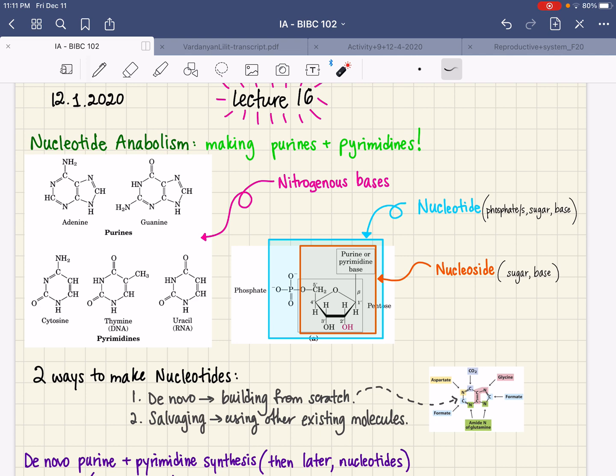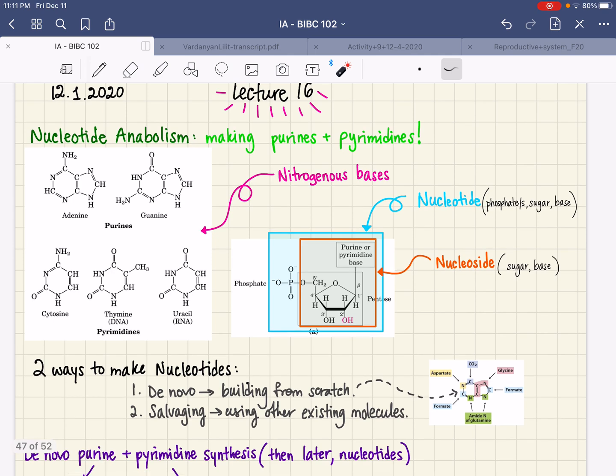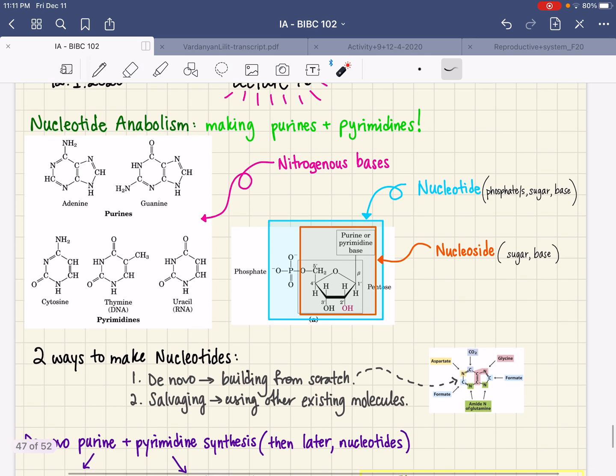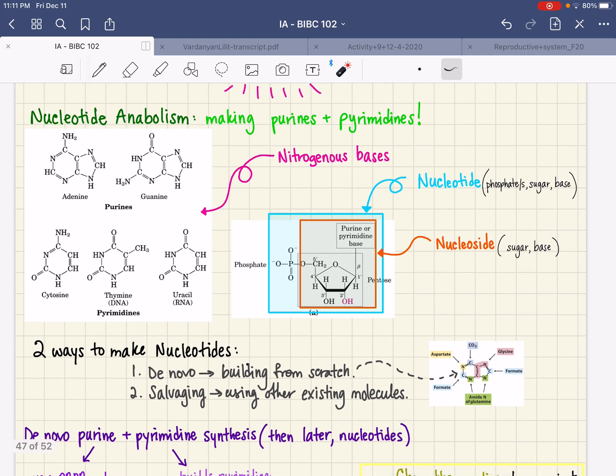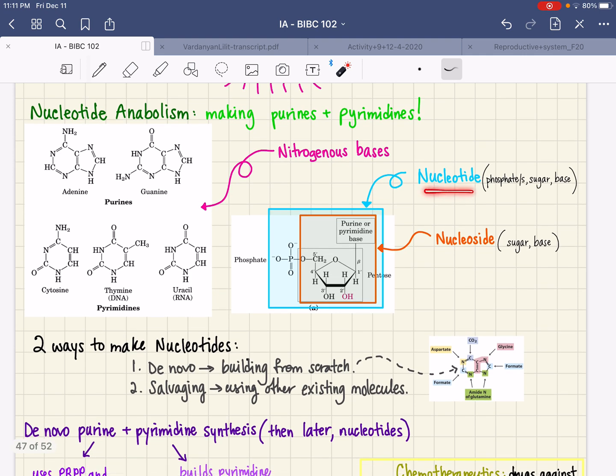Oh, I said that wrong. It's not GTP, it's UTP, I think. Check that. I believe it is UTP. To activate a molecule of glucose and attach it to the growing chain of glycogen. Okay, so that is where nucleotides are found.